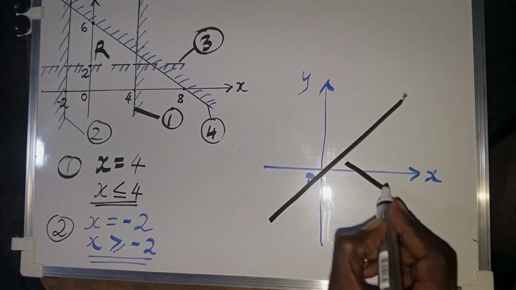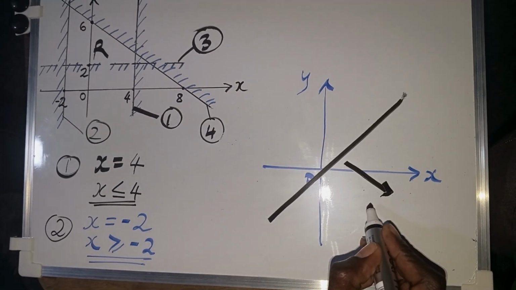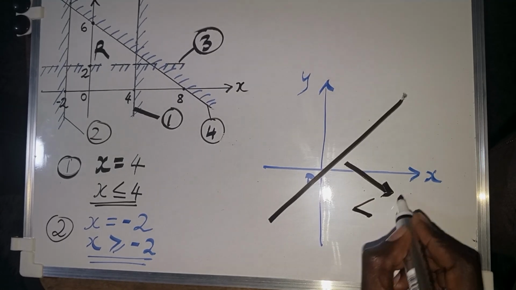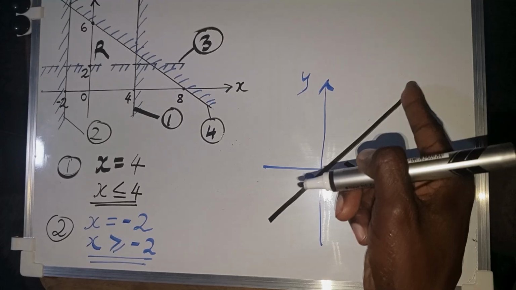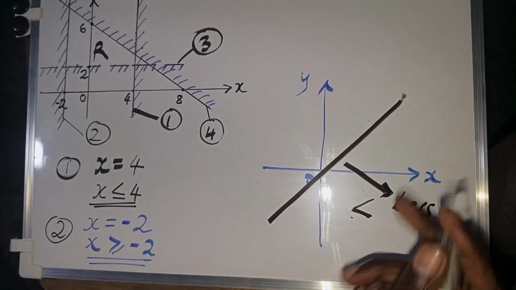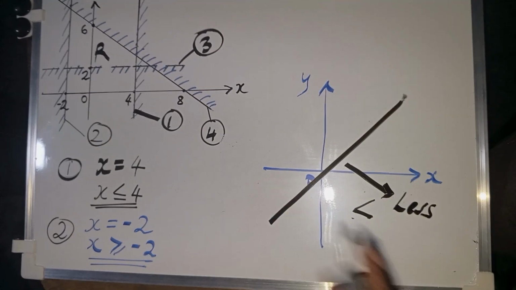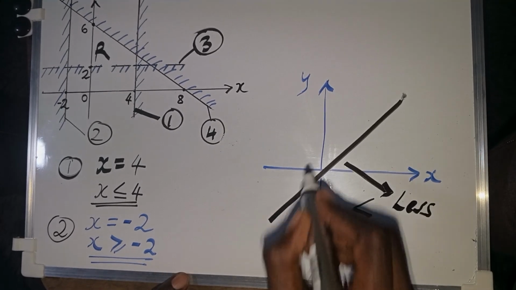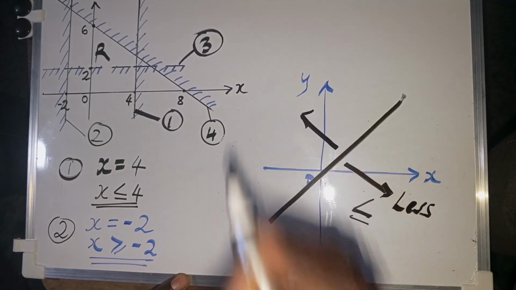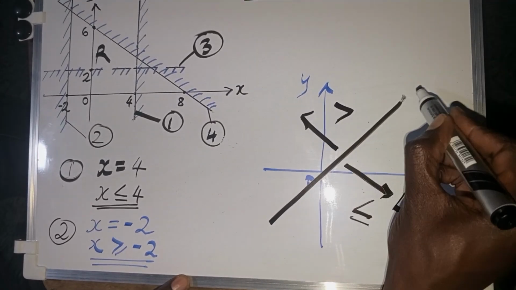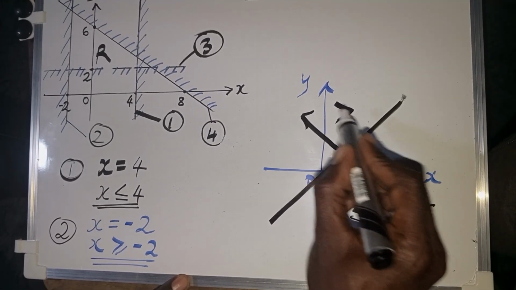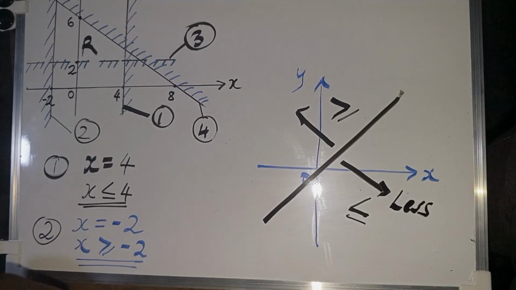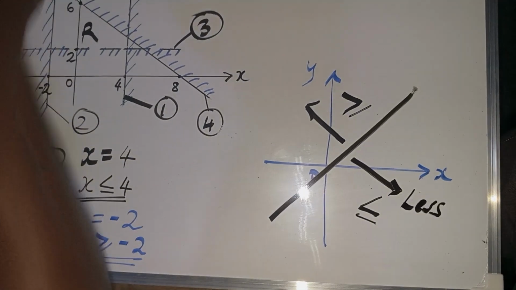Remember what we said, going this side of this line will always be less than. So you are going to use less than. Remember, whether you put the equal to sign would depend. If that is a solid line, then it needs to have less than or equal to. Sorry for that. If you are going up of this line, it simply means it will be greater than. Because that is a solid line, it will be greater than or equal to. Those are concepts that you need to remember.